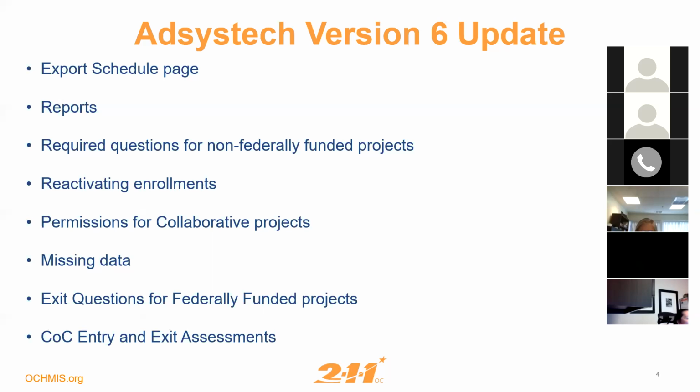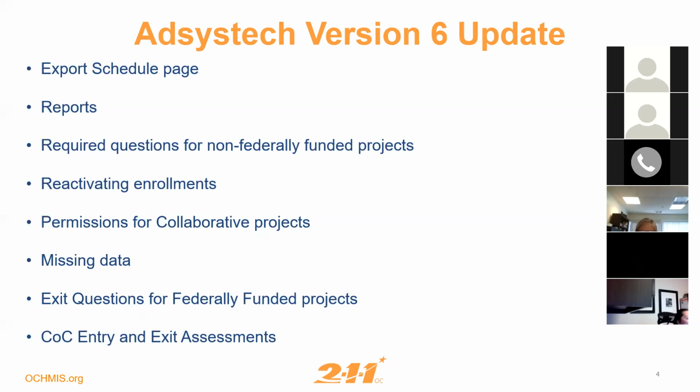Can I run a report that shows all the active clients by program? Yes, in short. Do you want all at the same time or at different times? You should be able to run the HMIS data quality details report.